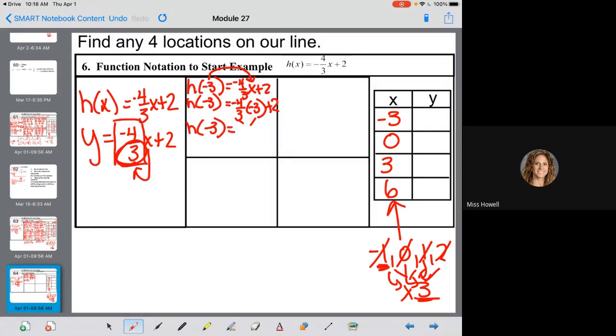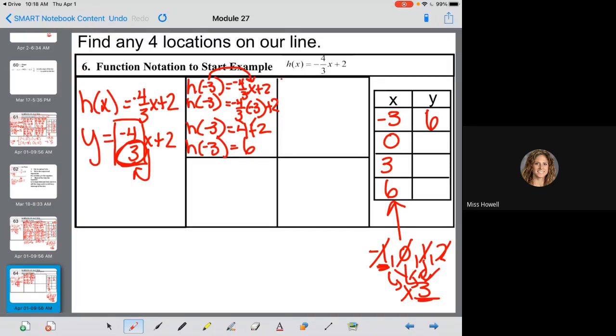A negative times a negative is a positive. In this case, a +4. If you can't do that in your head, that's fine. Use your calculator, use your fraction button to help you get that number. All right, 4 plus 2 then would give us a value of 6. All right, so one location on this line would be at -3, 6, or go to the left 3, up 6. We can put a point there. It's a place on this line.